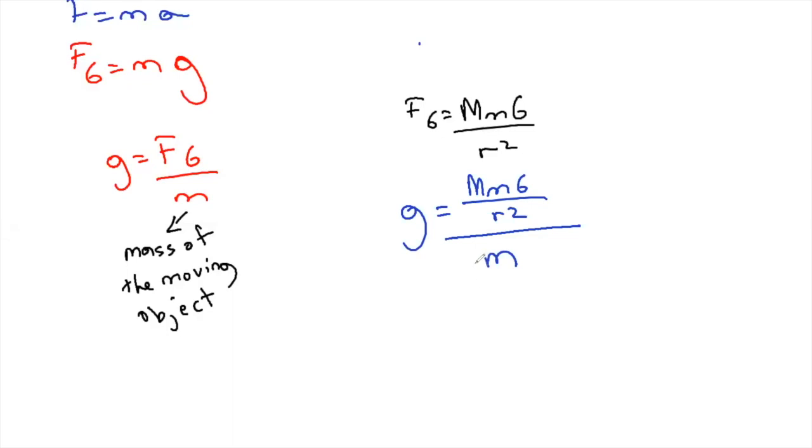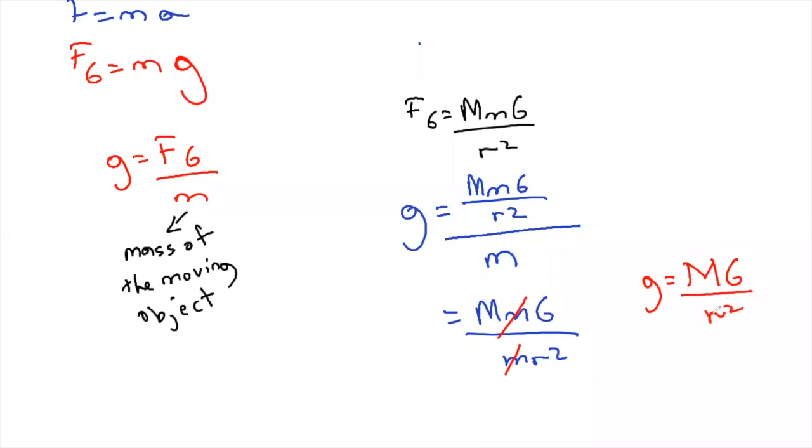If I write it down in a different way, it's going to look like this: Mmg divided by m r squared. And I know that the m's are going to get canceled out, and I'm going to get g is equal to Mg divided by r squared. Now, in this formula, this mass is the mass of the bigger planet.